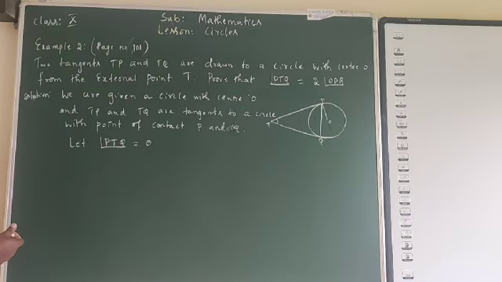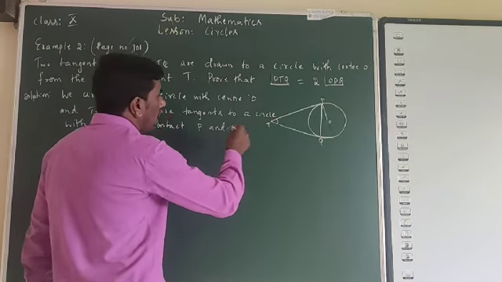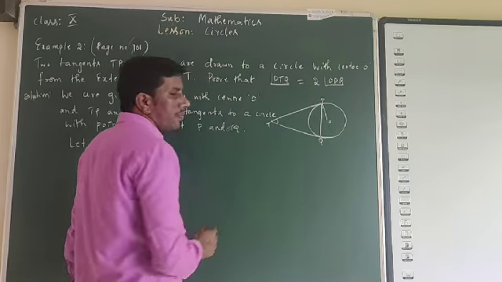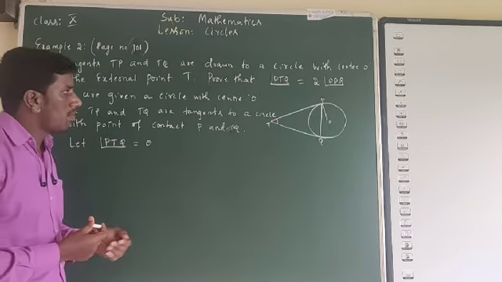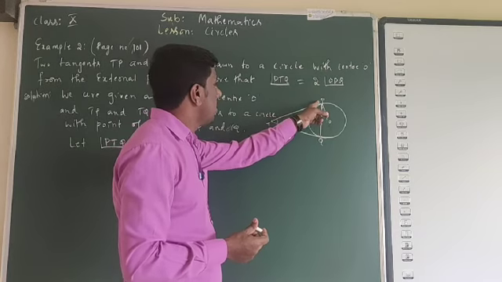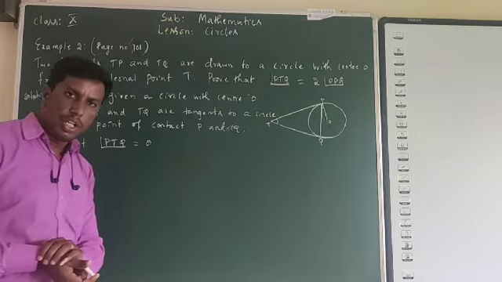Now we will do one thing. We know that TP and TQ are tangents from the external point T to the circle with center O. Therefore, TP must be equal to TQ.